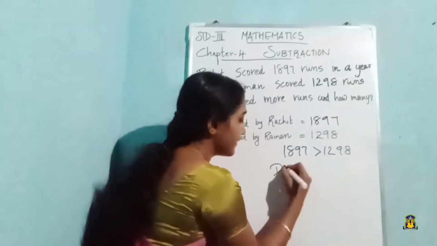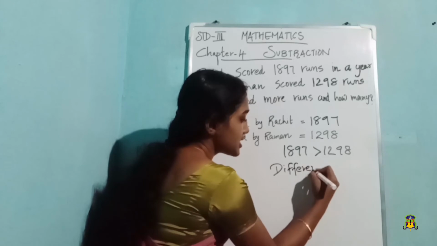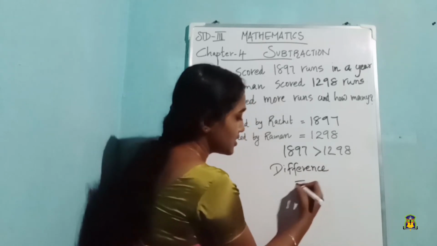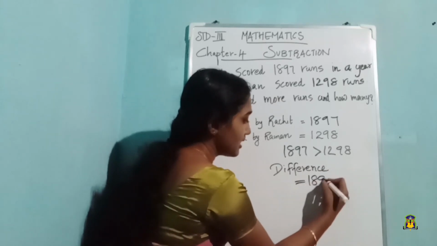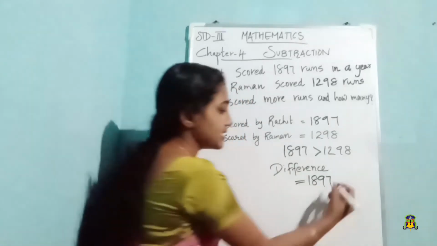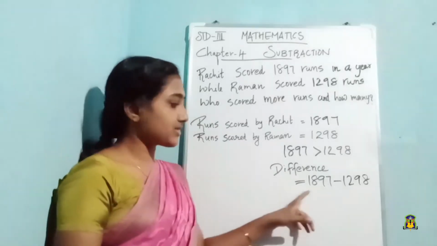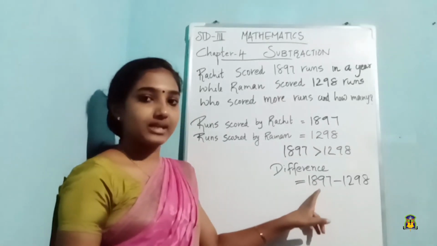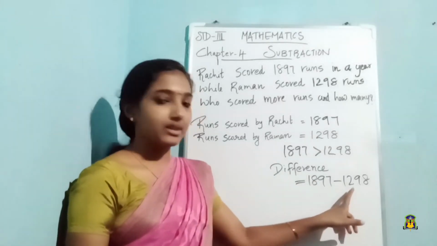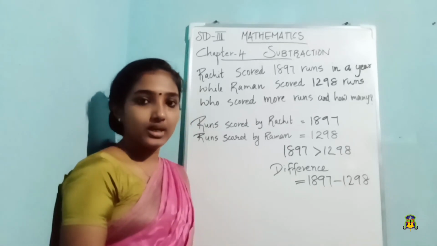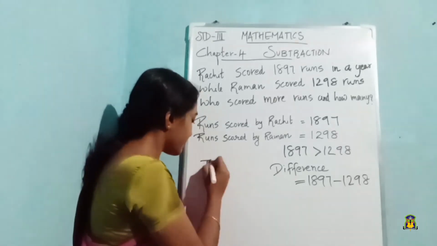So difference in runs scored by Rajat and Raman. To find that, we have to subtract 1897 and 1298. So difference in runs equal to 1897 minus 1298.